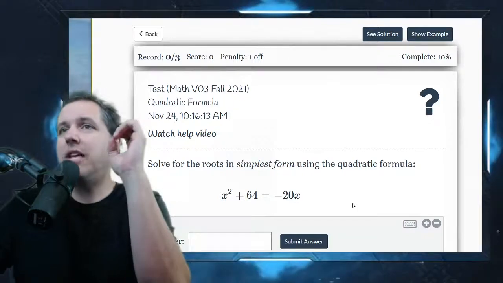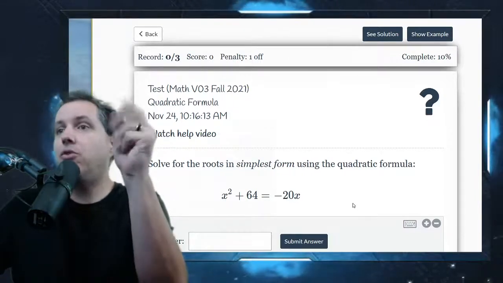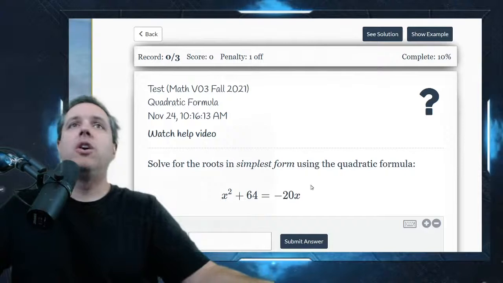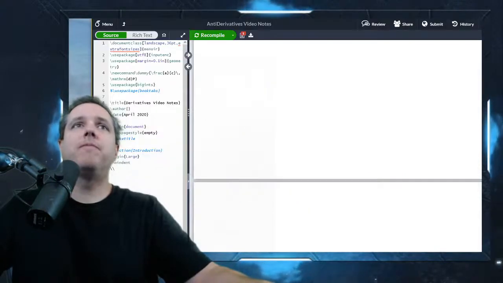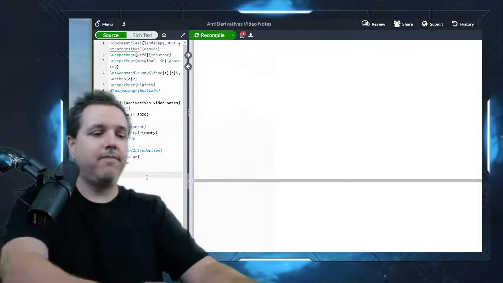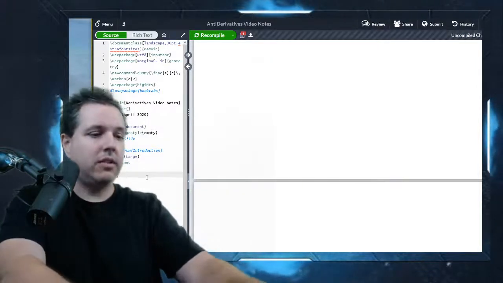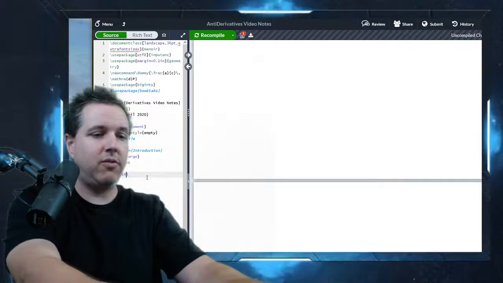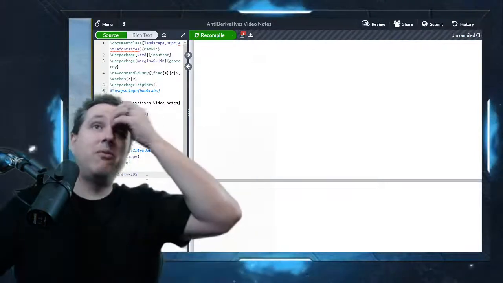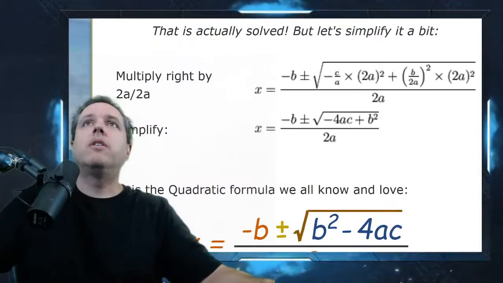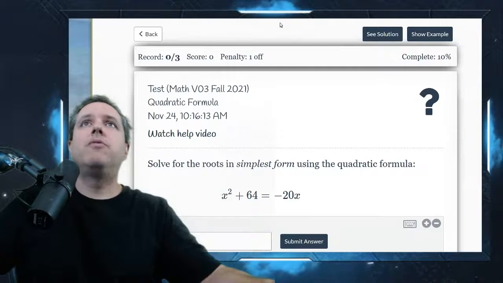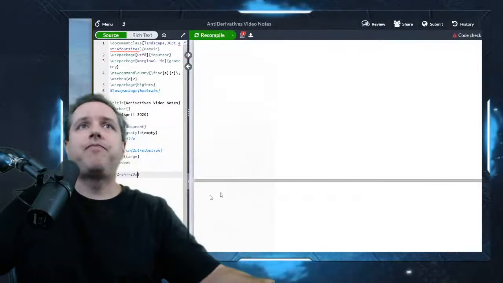What's important is understanding the process of how to do a particular problem. So x squared plus 64 equals negative 20x. Okay.